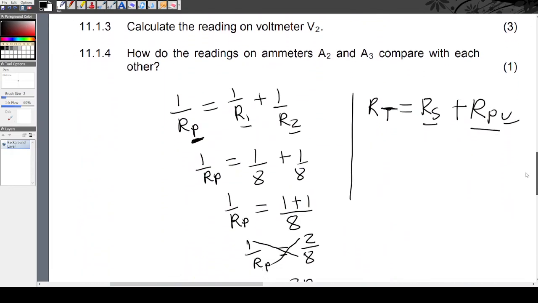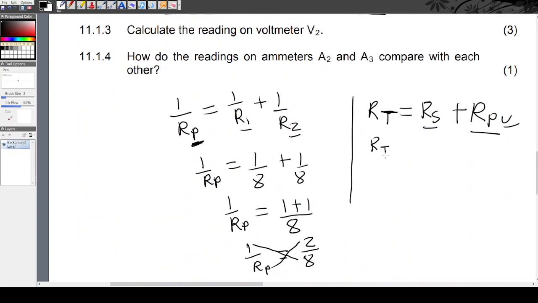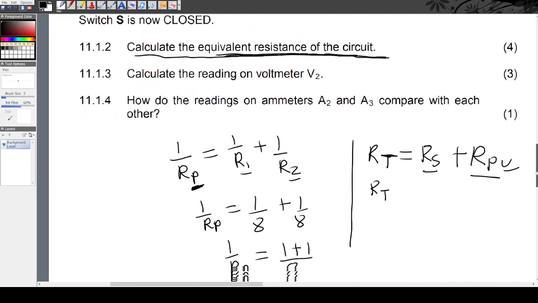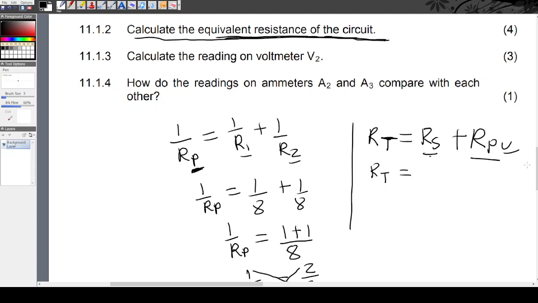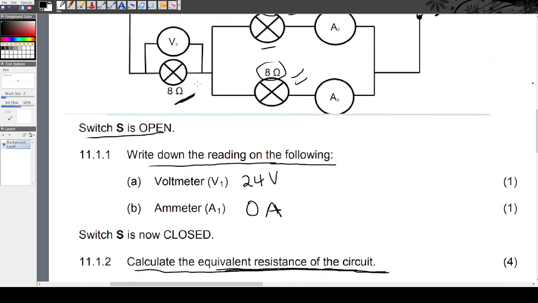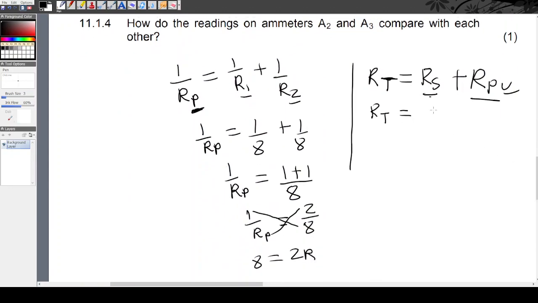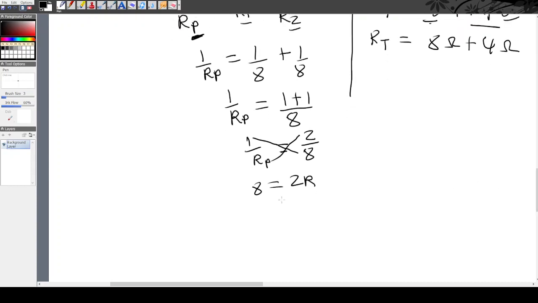Now we are required to find the total, because they said we want to find the equivalent resistance of the circuit. The equivalent is the total. Rs, meaning the resistance of this resistor that is in series, this one, 8, plus the 4 ohm we found for the two 8 ohm resistors. So that's 8 ohms plus 4 ohms. The 4 ohms we got here.